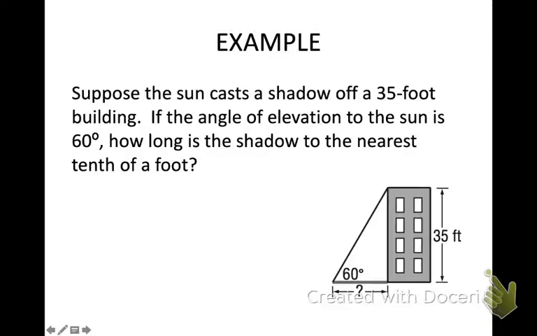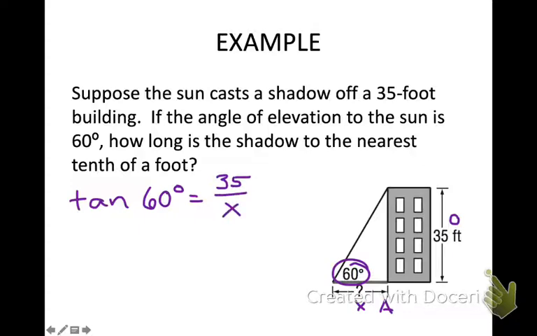Okay, so again, if you need to pause to get this set up, feel free to pause, but I'm going to keep on going. So here they do give us an angle. Here's our reference angle. They give us an opposite. We're solving for an adjacent, which means we're again going to use a tangent. So we're going to do the tangent of my reference angle, which in this case is 60 degrees, is equal to opposite, so 35, over the adjacent, which is x.